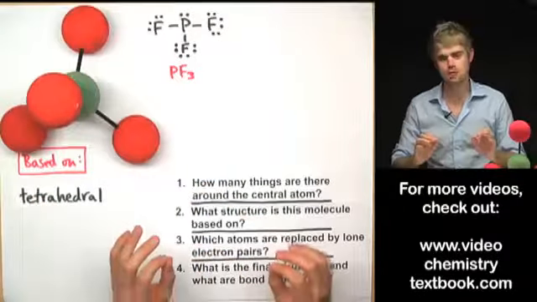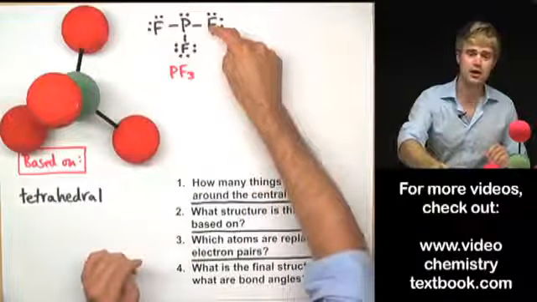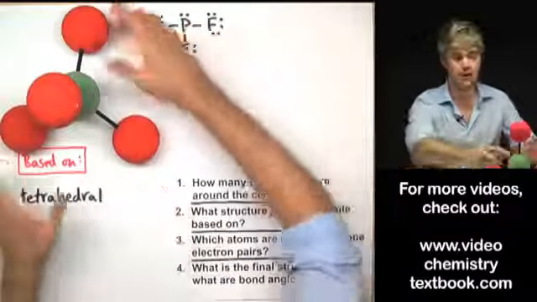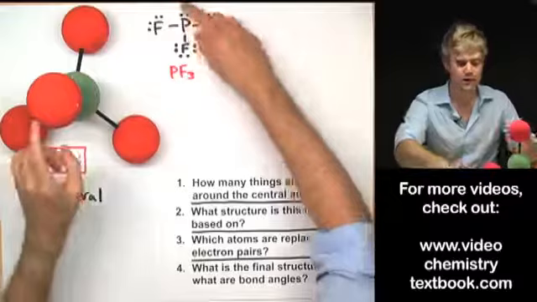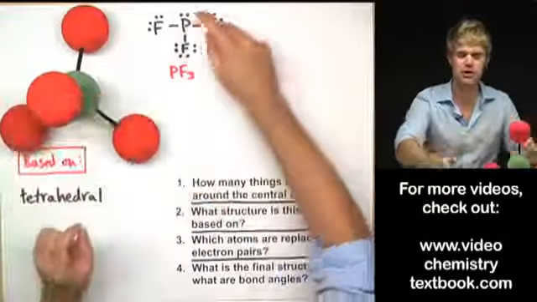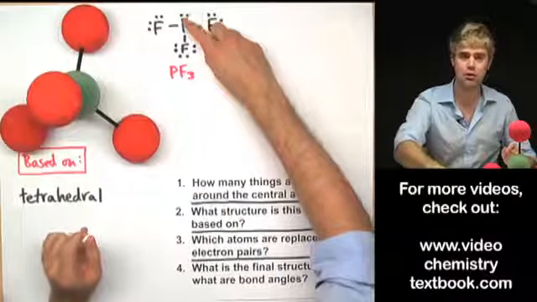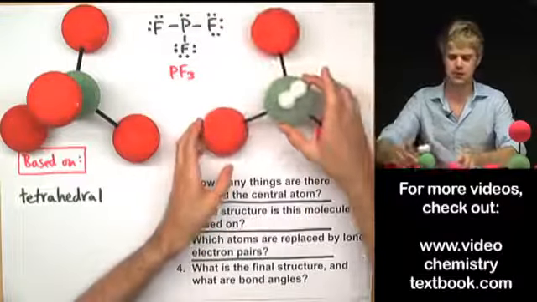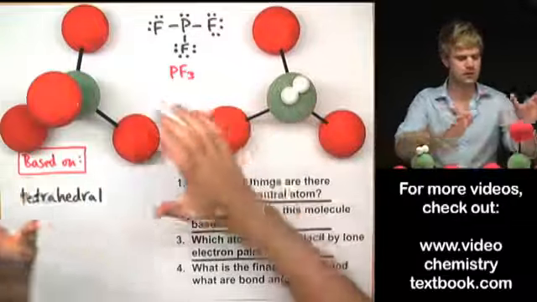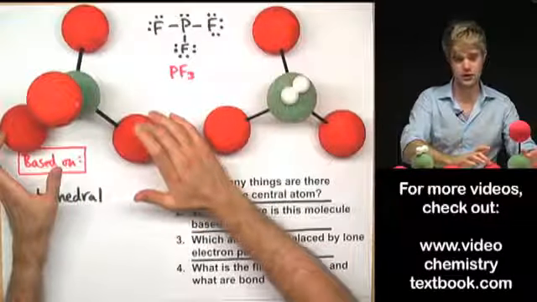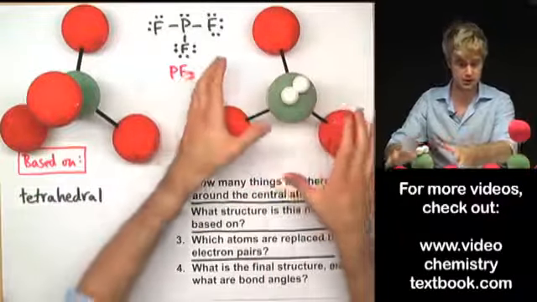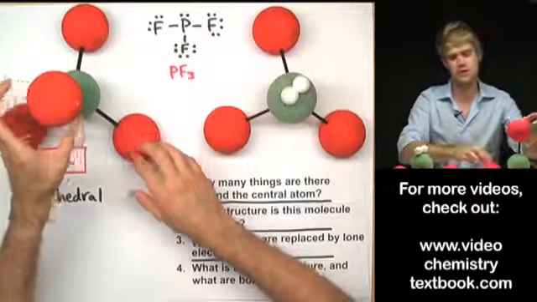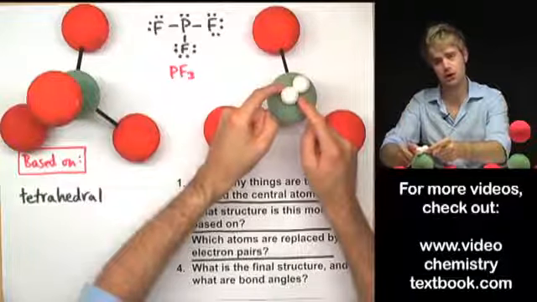Now here's what's important. In PF3, only 3 of the things that surround the central atom are other atoms. One of the atoms from this tetrahedral structure has been replaced by a lone electron pair. Here's what I mean. This is what PF3 looks like. See that it's very similar to the tetrahedral shape. There are 4 things that surround this, but one of these atoms from the tetrahedral shape has been replaced by a lone electron pair.